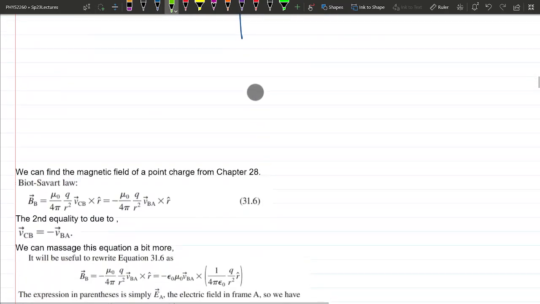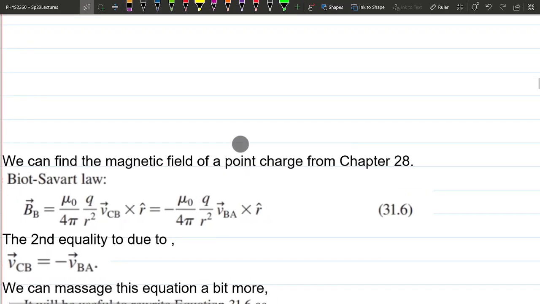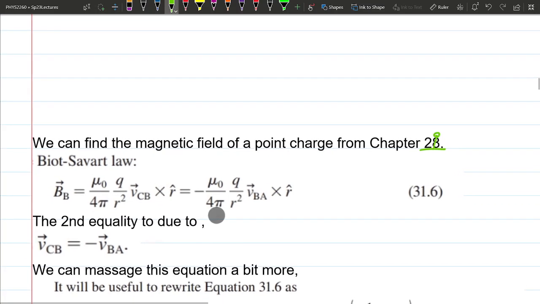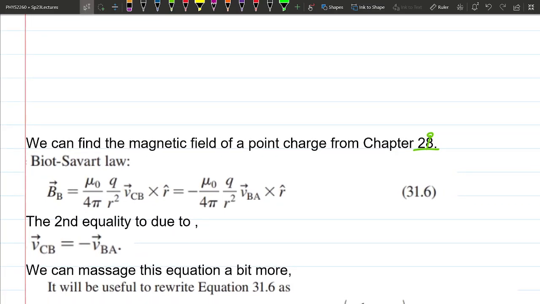Just to remind you what it looks like: in order to calculate the magnetic field, you take the cross product of the velocity with the r hat direction, and then it's proportional to this constant mu naught over 4 pi, times the charge divided by r squared.